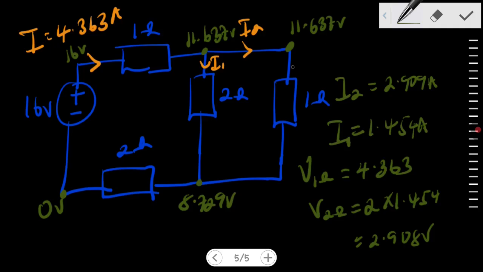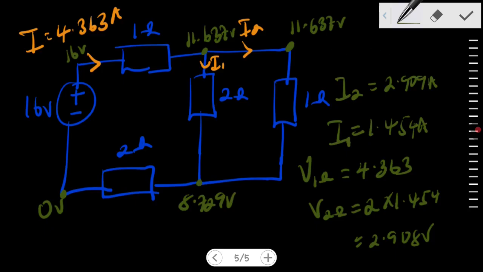The current that goes through the 1 ohm resistor is I2, right? So I2 times 1, you're getting 2.909, right?